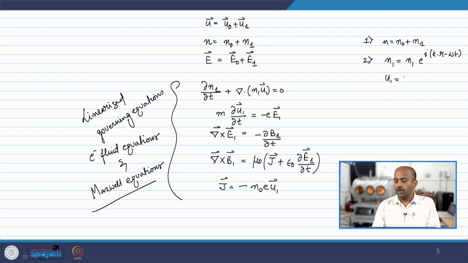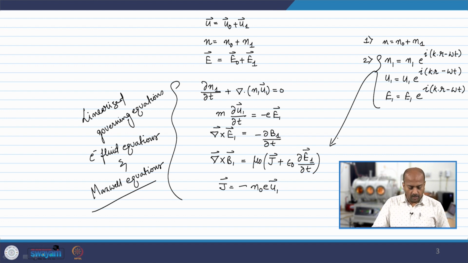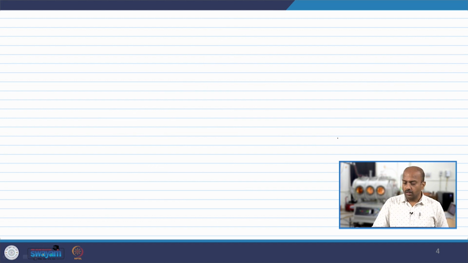We have to take u1 as u1 e to the power of i k dot r minus omega t, and E1 as E1 e to the power of i k dot r minus omega t. So, using these sinusoidally varying perturbation variables, we will substitute them into the governing equations, and then write the linearized equations without any derivatives.